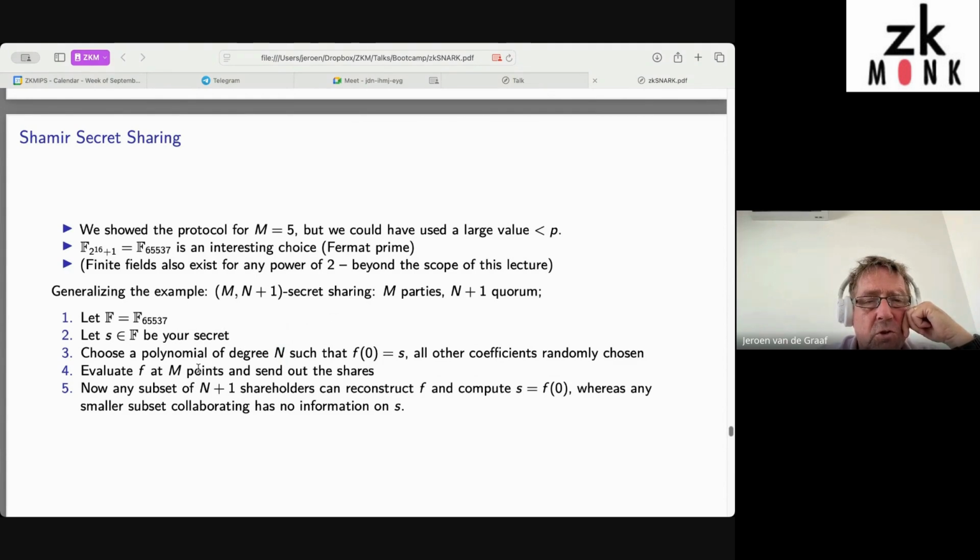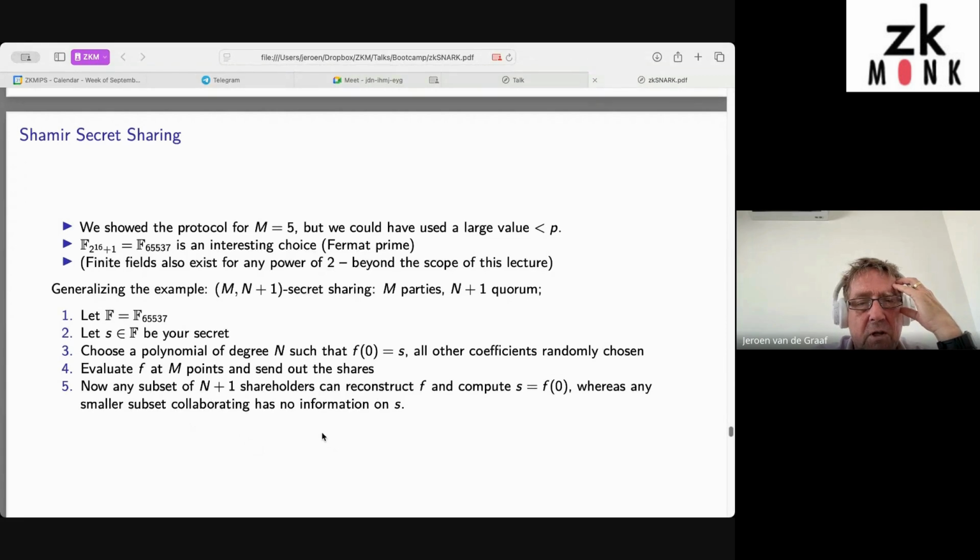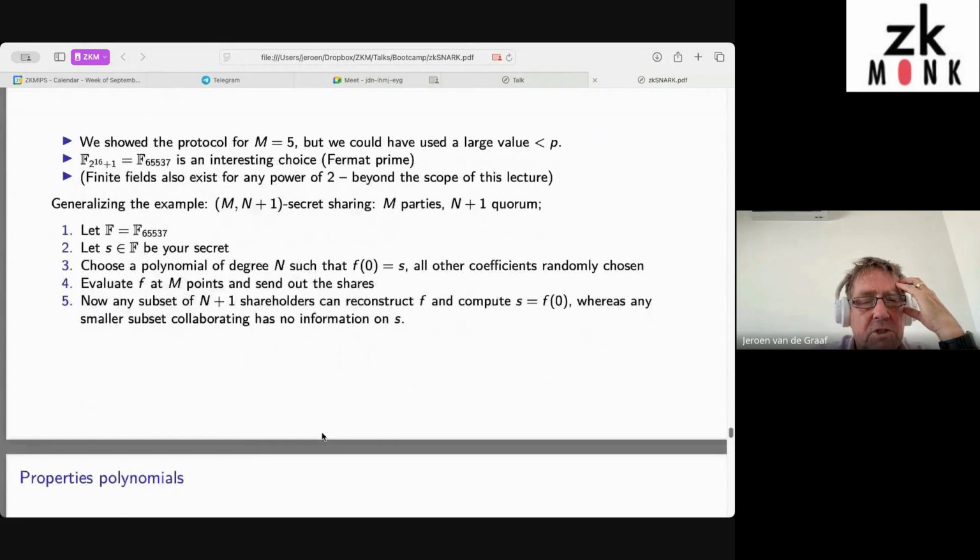So to distribute the secret, you evaluate f at m distinct points, and you send out these shares, and then any subset of n plus 1 shareholders can reconstruct f. Okay, so this is Shamir secret sharing.